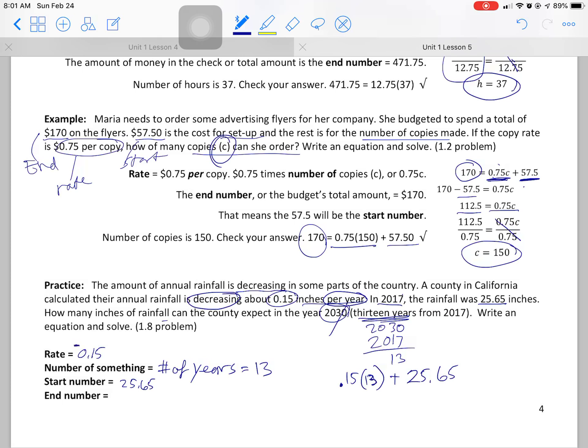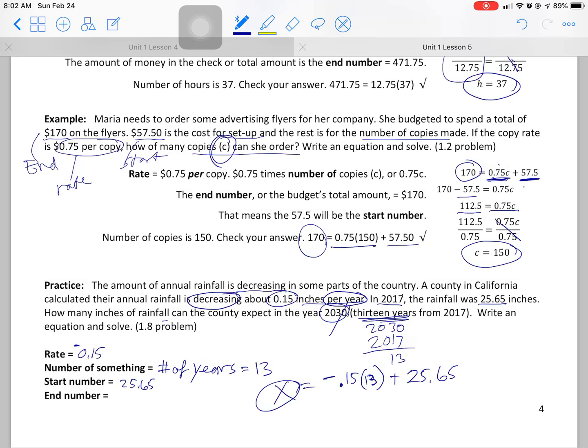This should be a negative number. If it's going down by 0.15 per year, going down per year, okay, so that should be negative. All right, plus the start amount. So if that's the amount we're starting with and it's going down per year, how much will it be?